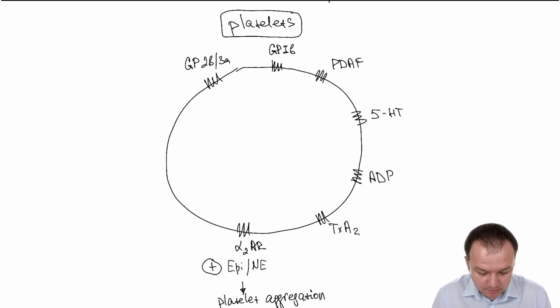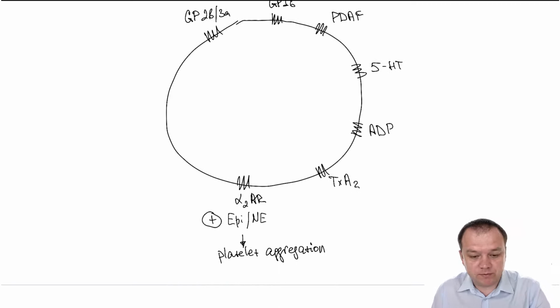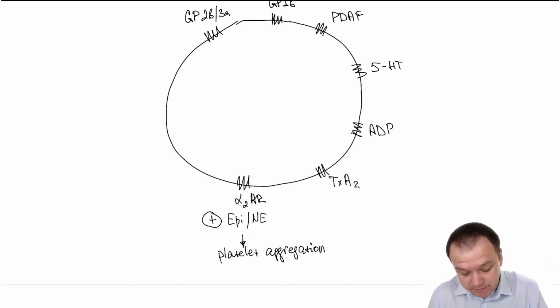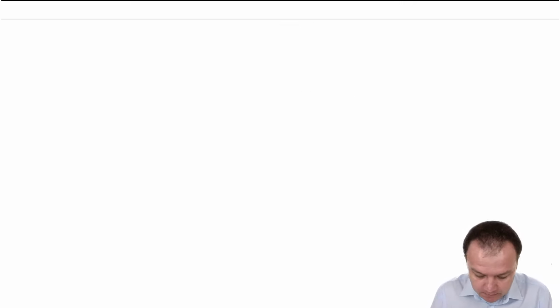So many of them. But as we're talking about autonomic nervous system, we should mention here alpha-2 adrenergic receptors, right? Pancreas.